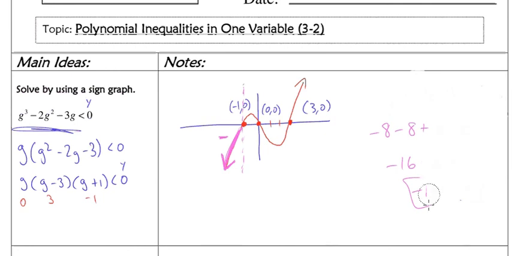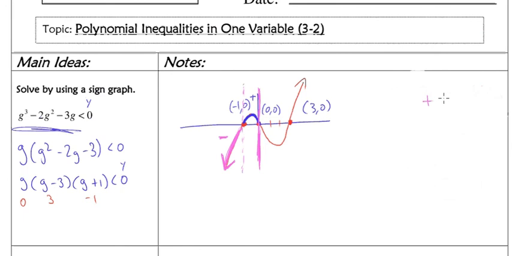Now, if we continue on our graph, between negative 1 and 0, again talking about the g value, the input, here the graph is positive, or my output is positive. This is a positive range right here. So if we were to plug in negative 0.5, we would find that this would be false.